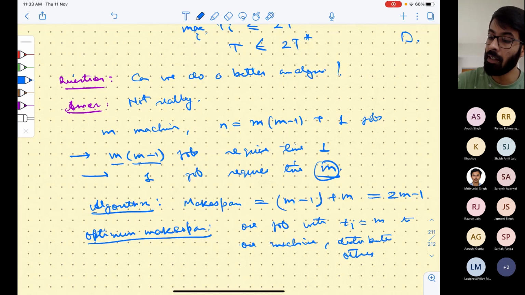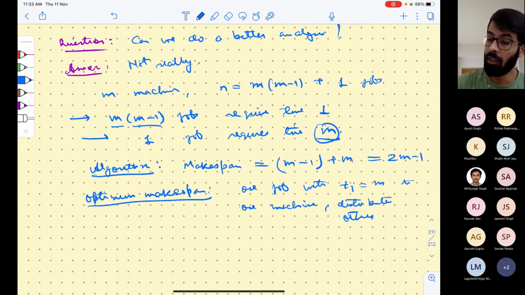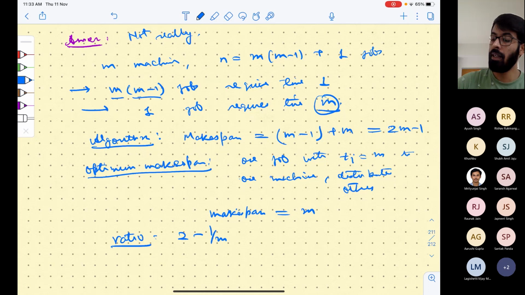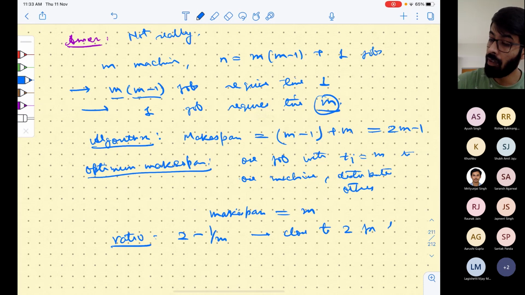So one machine gets M, and the other M minus 1 machines get M jobs each. So the optimum is M. So what is the ratio here? It is 2 minus 1 over M, right? Which is close to 2 for large enough M.